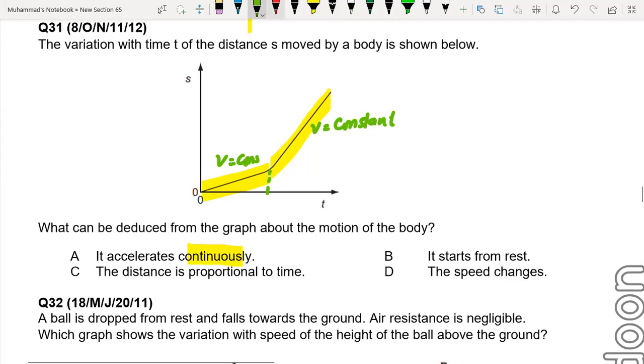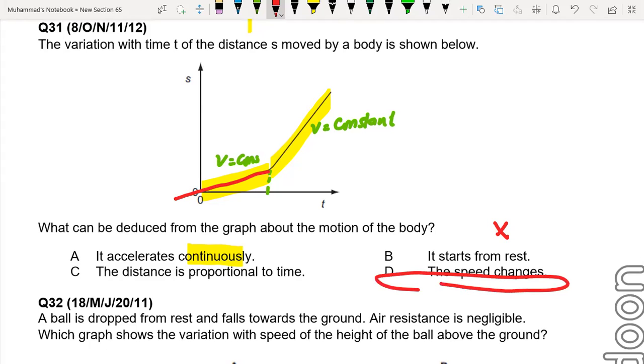No, it's not starting from rest because the gradient of this part at time t equal to 0 is not 0. Distance is proportional to time? The speed changes, okay? That's good. Speed over here is some constant value, then speed changes to another constant value.